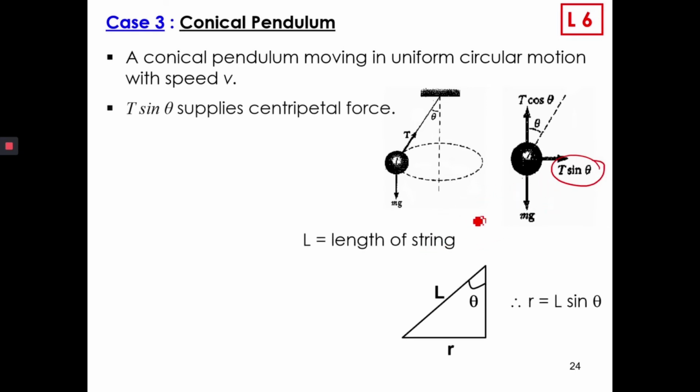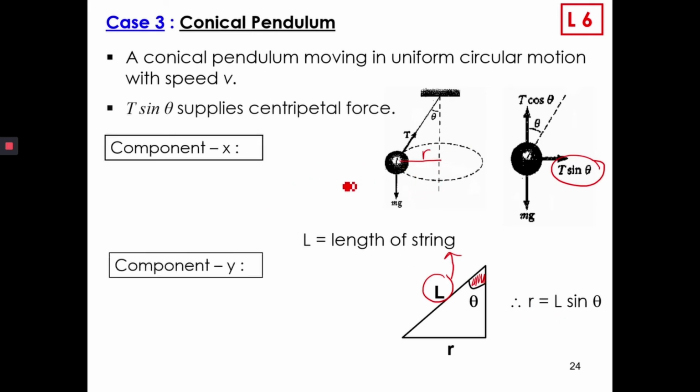How to calculate your r? When you are given the length of string, you can use Pythagoras theorem. So this is where your r is, the radius of your circular motion. R is equal to L sine theta.